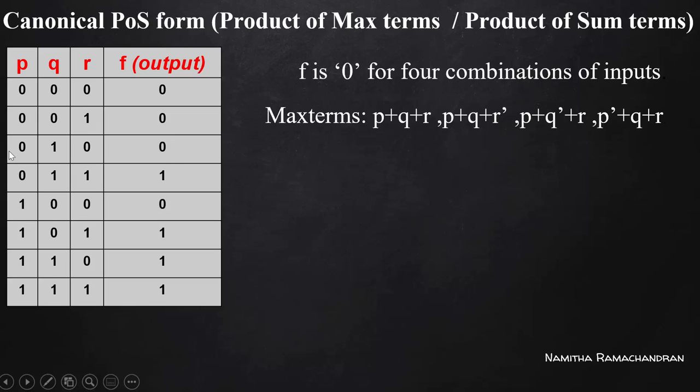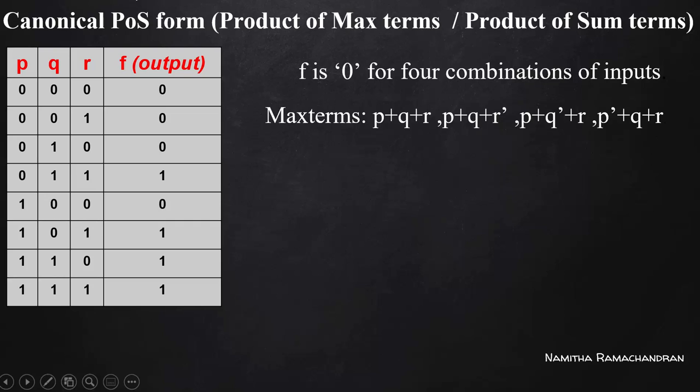Corresponding to this output, we can generate a max term P plus Q complement plus R. And corresponding to this 0 output, we can generate the fourth max term, that is P complement plus Q plus R.